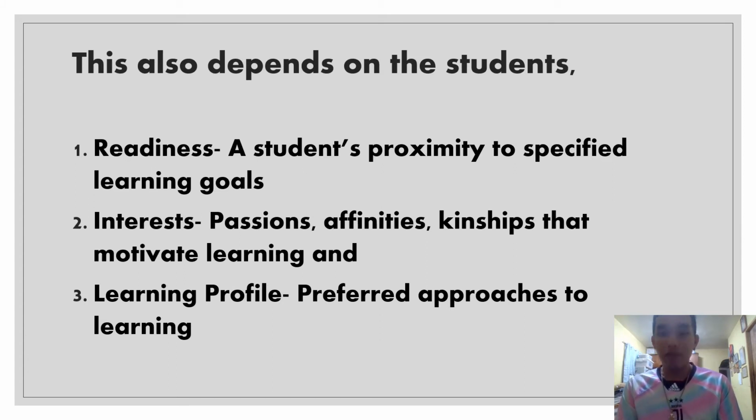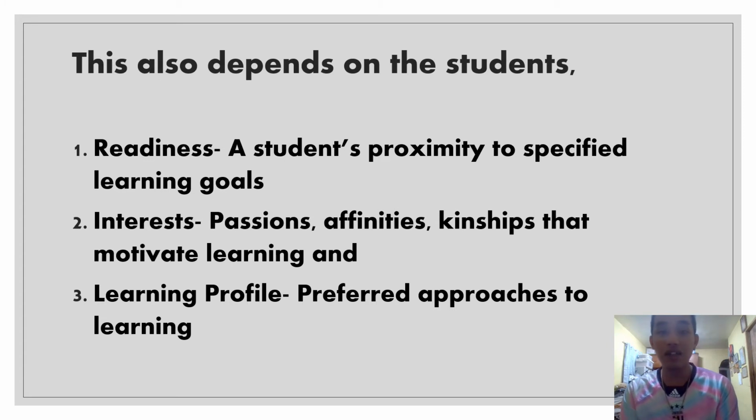Next, the content, process, and product also depend on whether the student is ready, interested, or has a different learning profile. So this also depends on the student's readiness. When we talk about readiness, this is the student's proximity to specified learning goals.